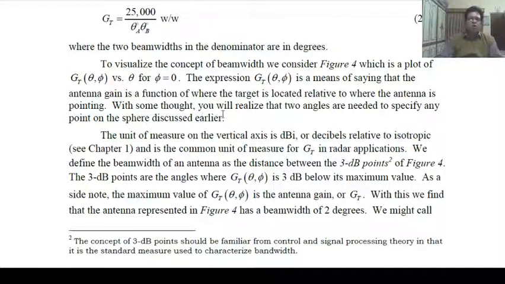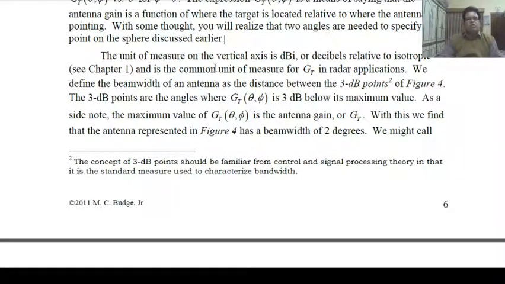With some thought, you will realize that two angles are needed to specify any point on the sphere discussed earlier. The unit of measure on the vertical axis is dBi, or decibels relative to isotropic. This is not dB, this is dB small i, decibels relative to isotropic, and is the common unit of measure of G_T in radar applications.